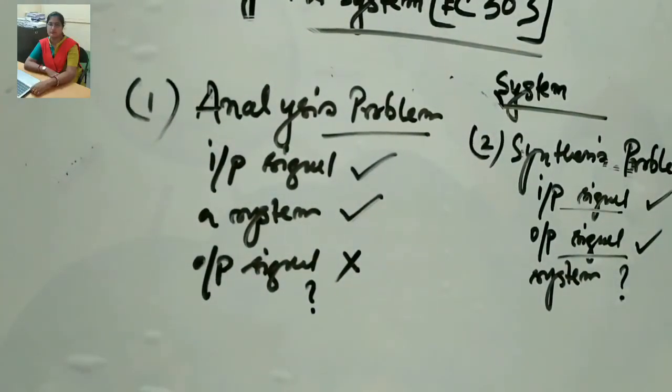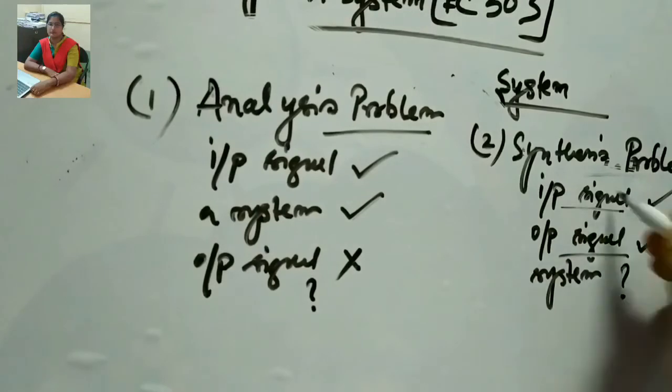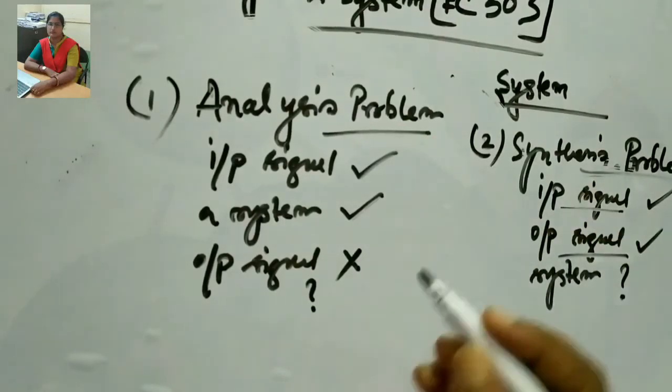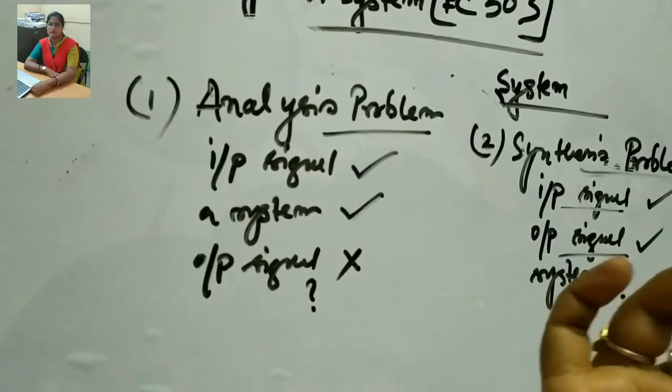So if we compare these two types of problems, the analysis type of problem is simpler and easier to solve, and moreover it has an exact solution also. But the synthesis problem is very complicated with respect to the analysis problem. Sometimes we don't get any solution at all.